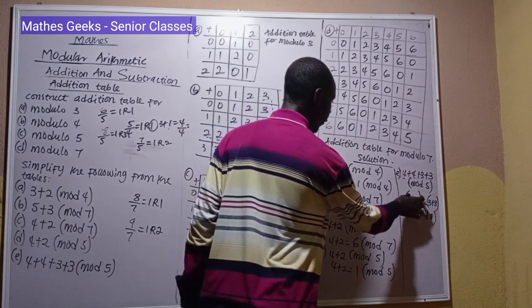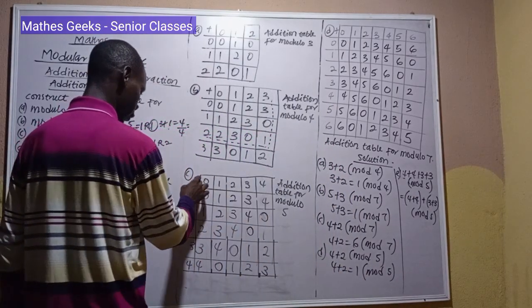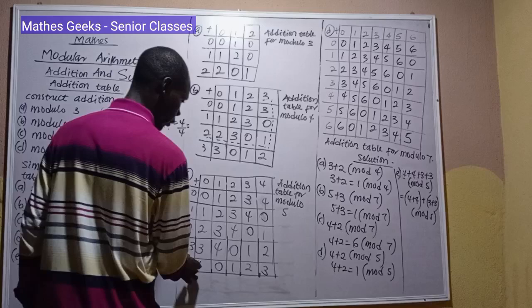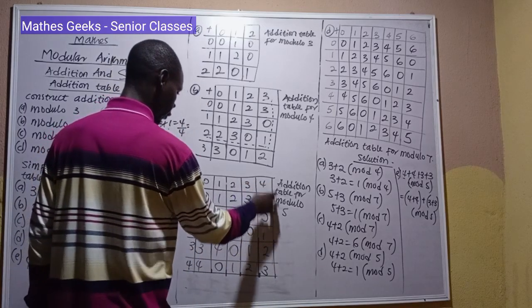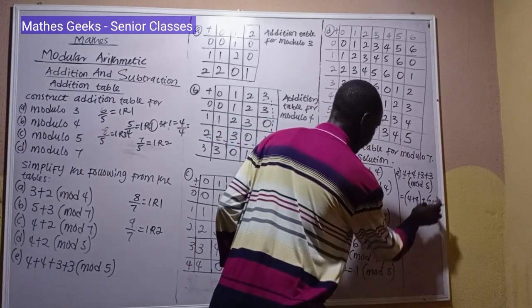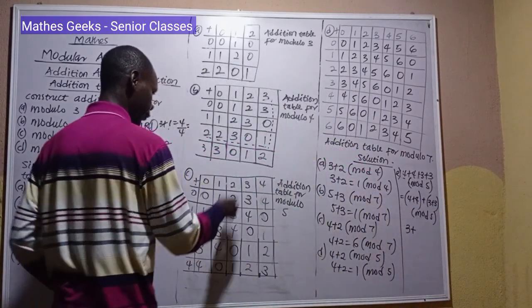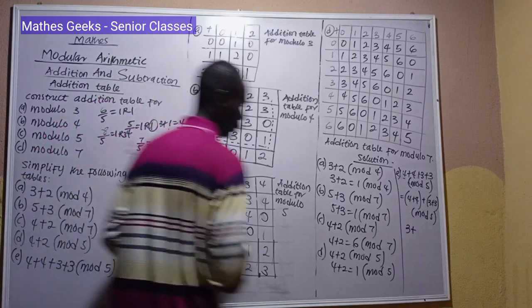So let's get 4 plus 4 in mod 5. 4 plus 4, that's 3. So this will give us 3 plus 2 in mod 5. 3 plus 2, bring it down, that's 1.